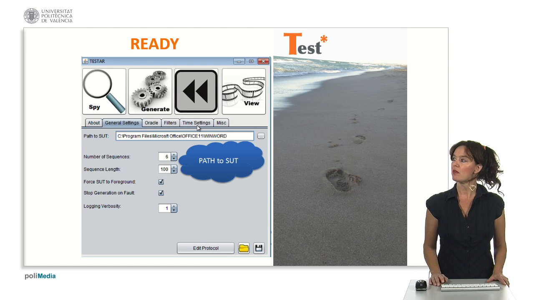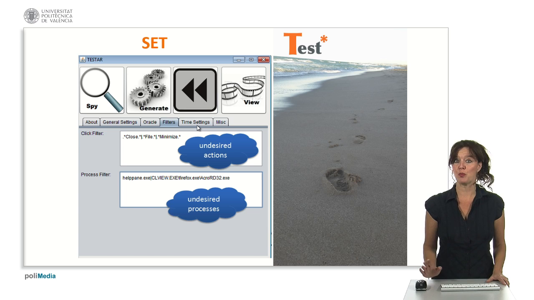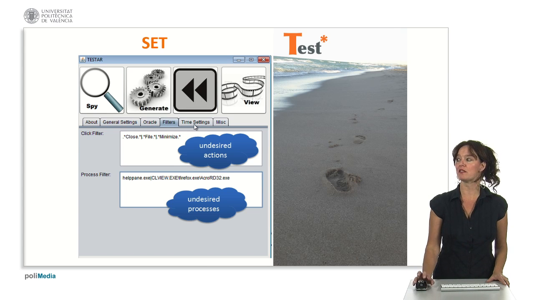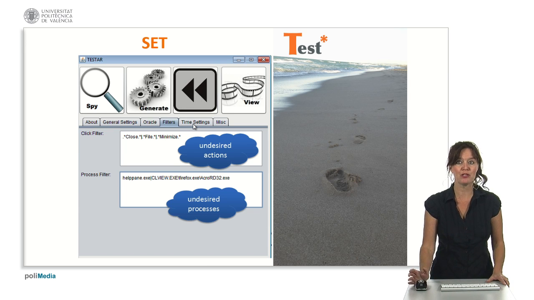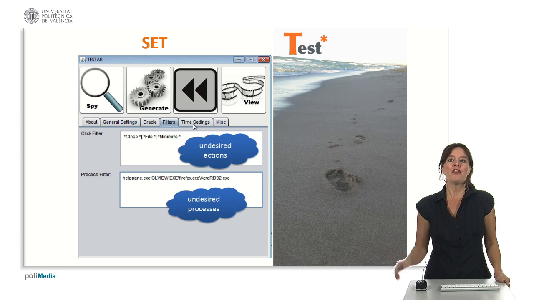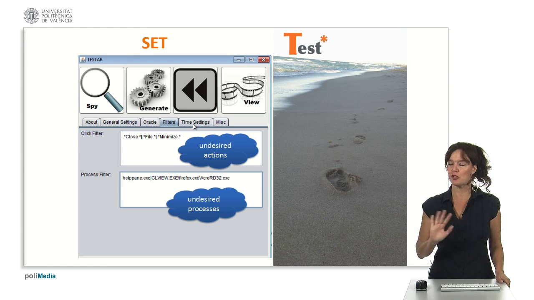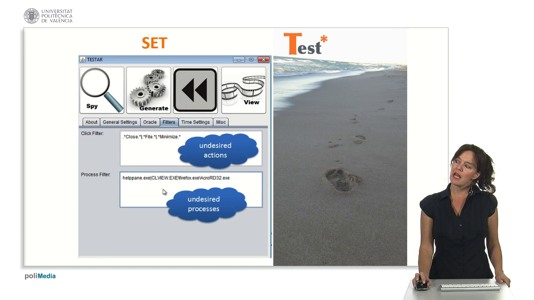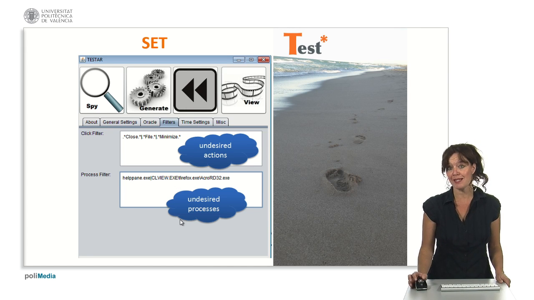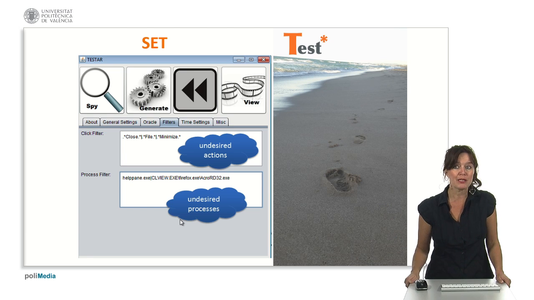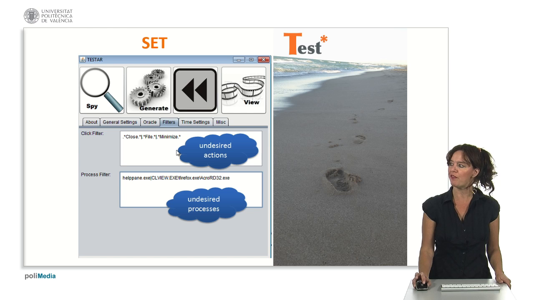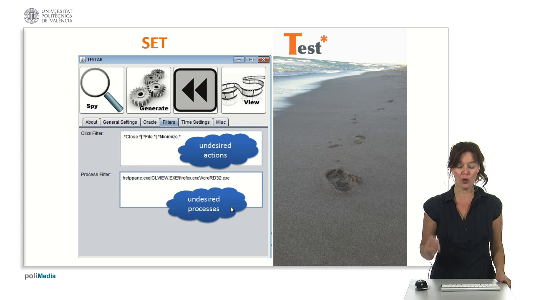And then we set some things we don't want, for example, we filter some undesired actions that we don't want to execute when testing. Think, for example, of closing the system under test or minimizing the system under test. We don't want this all the time while we're testing. So we just filter those actions, and we filter some undesired processes, for example opening Acrobat Reader when displaying a manual. We don't want that either, so we filter that, and then we go.